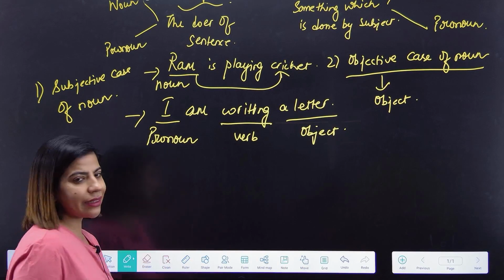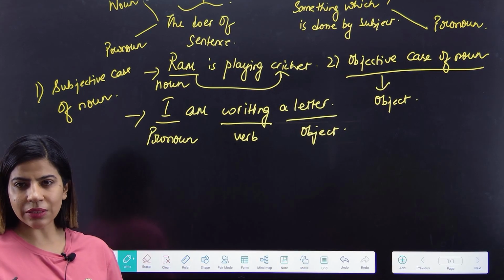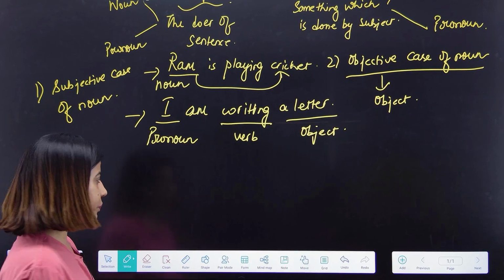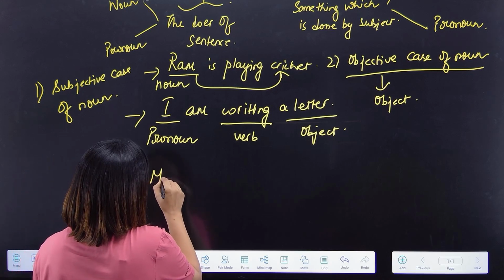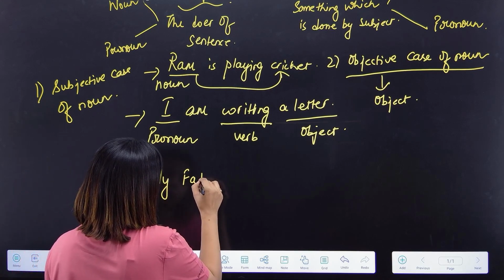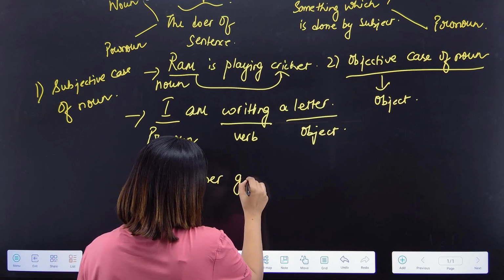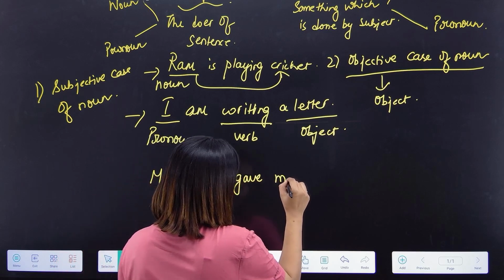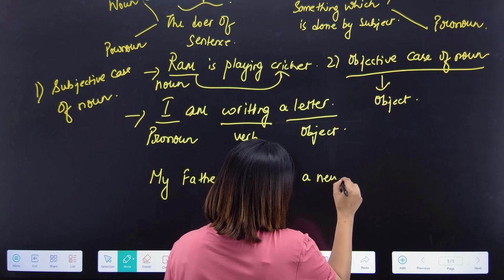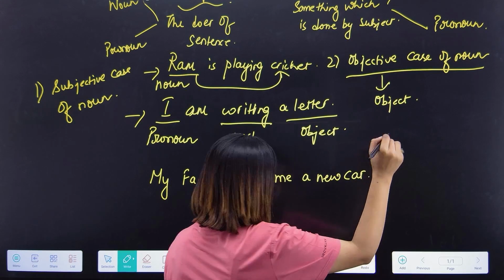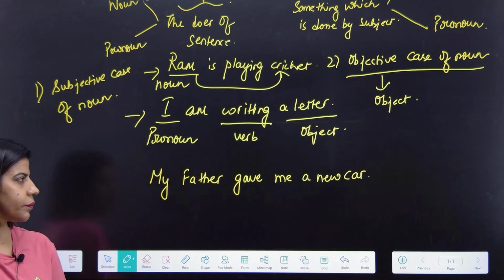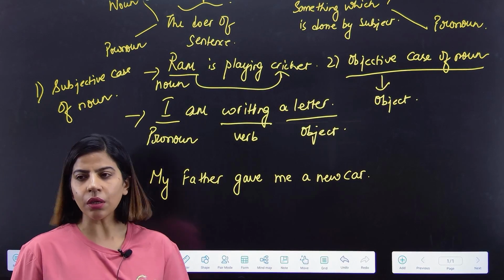I'm writing one sentence and there will be two objects in that. So you will have to tell me. My father gave me a new car.